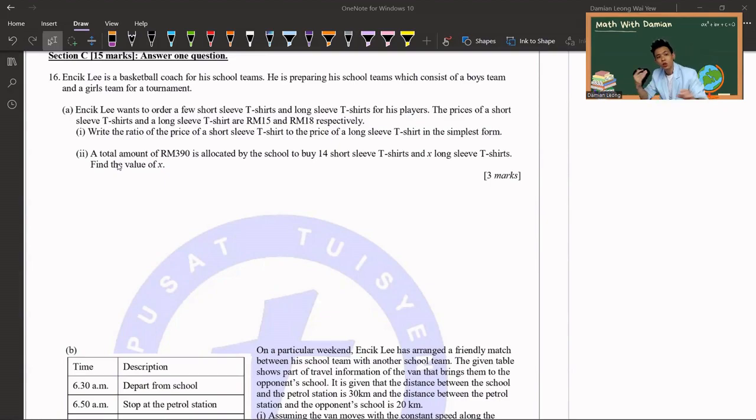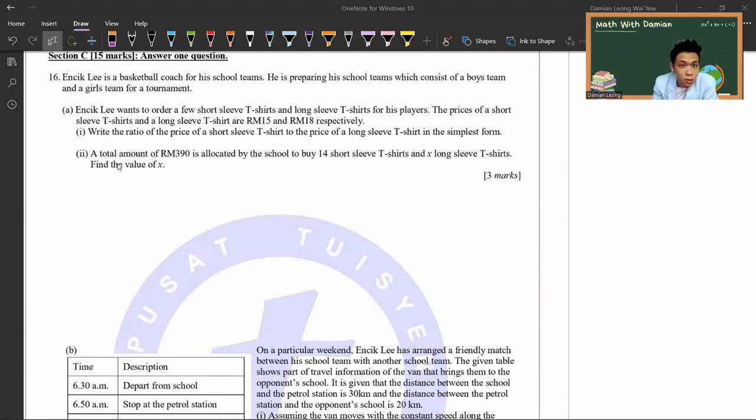So you do want to read through part A, B, C, D, all of it to see which question you're more confident with, then only you attempt it. Because sometimes maybe part A for this and part A for that, you're not too clear. Then you look at part B, part C, part D. The one with more parts that you're confident with, then you do that one.